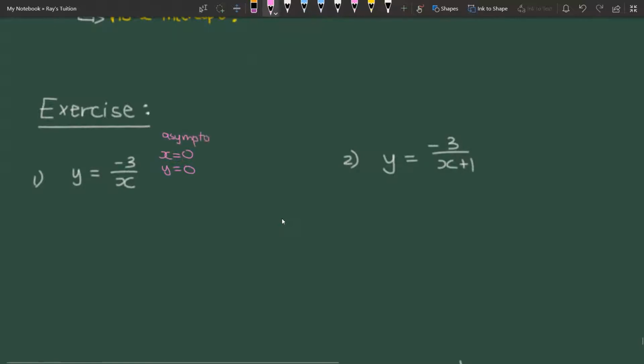Those are the asymptotes, and we see that this is the equation of the y-axis, and this is the equation of the x-axis. So this graph has no x-intercept, and it has no y-intercept. Why does it not have that? Because they are asymptotes, so the graph won't touch it, let alone intercept.